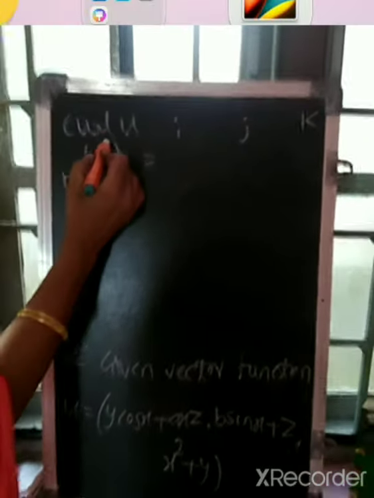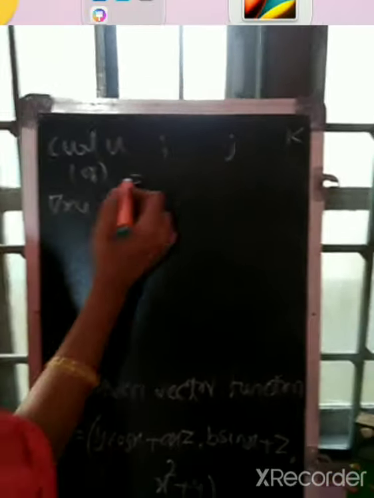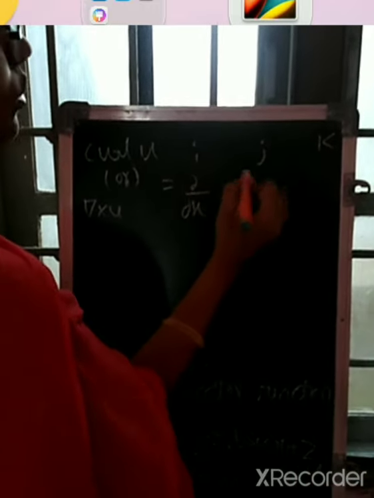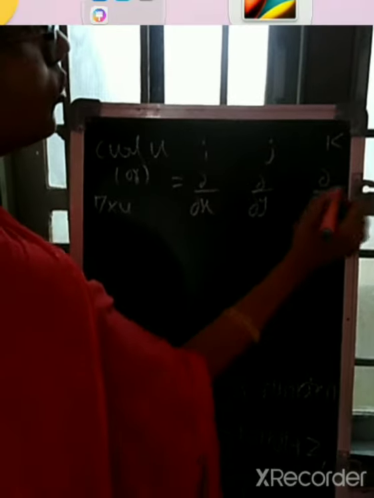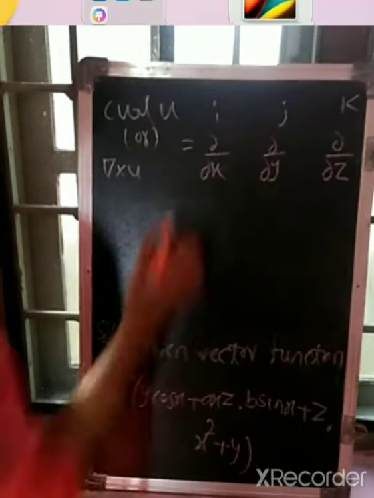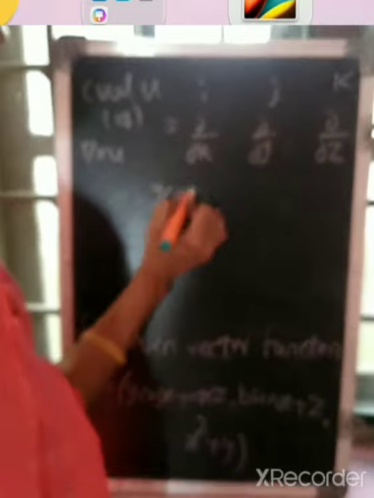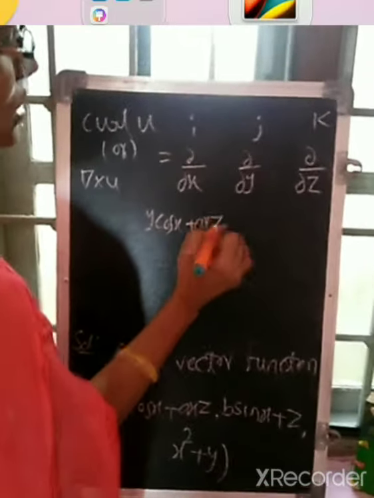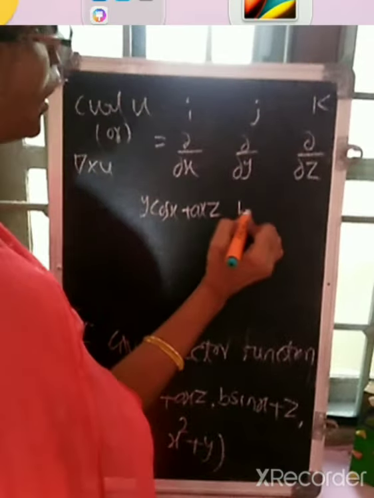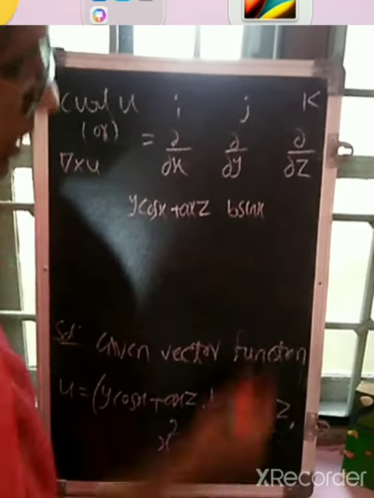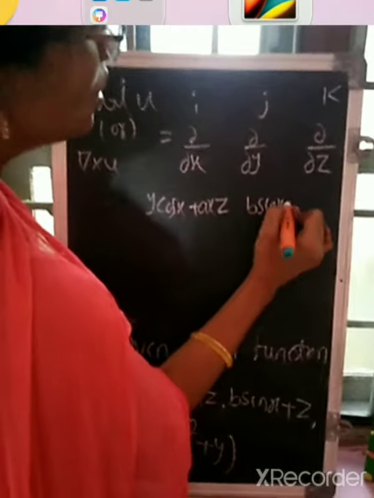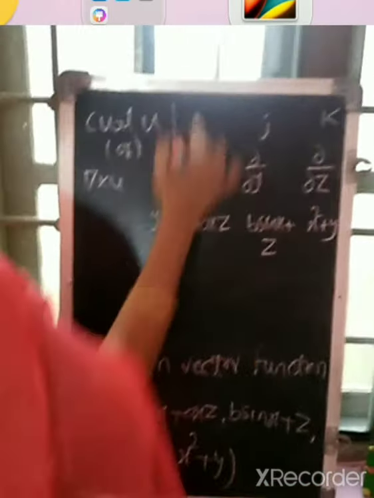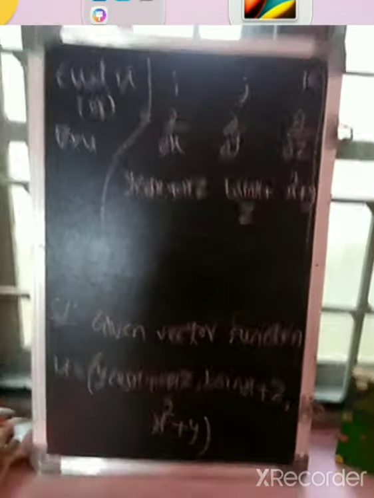So curl u or del cross u is the determinant with rows i j k, dou by dou x, dou by dou y, dou by dou z, and y cos x plus axz, b sin x plus z, and the last one is x square plus y. So this is curl.